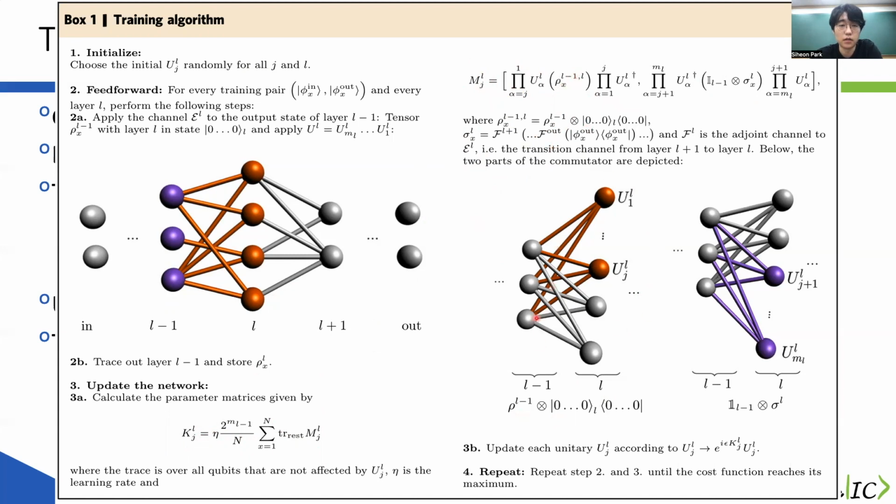So given some input state of layer L-1, we can apply unitary from 1 to J and get the output. That is what this part in this commutator is setting. And the other part is from the adjoint channel.